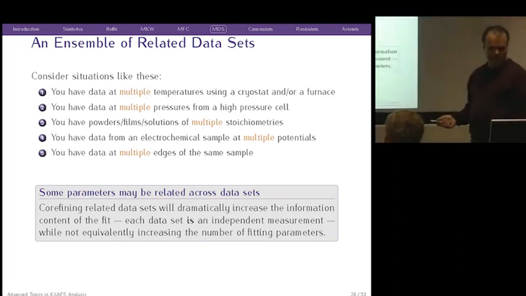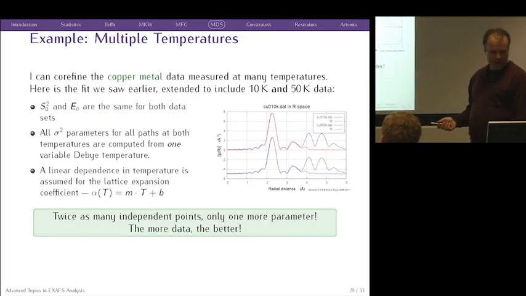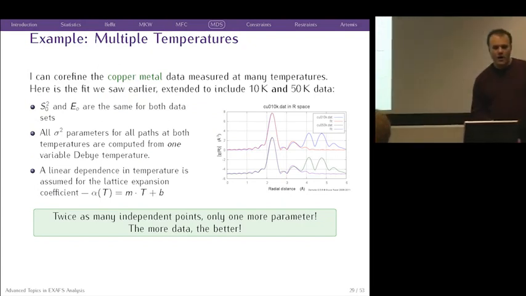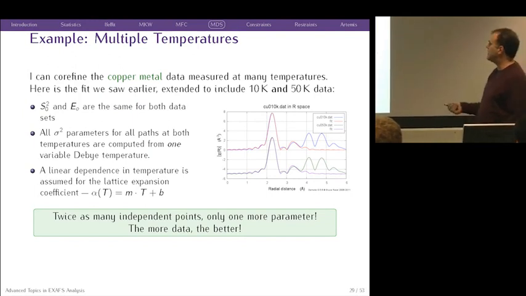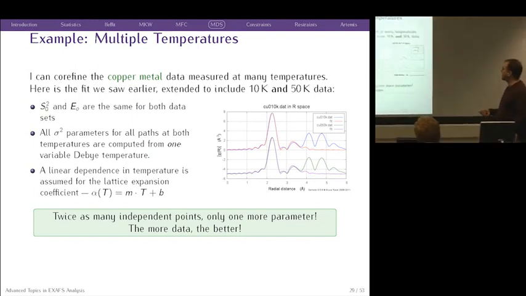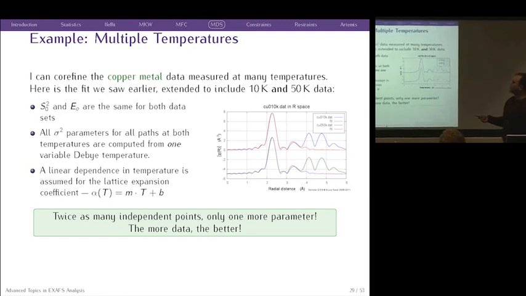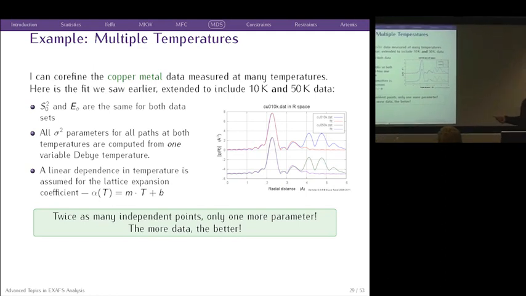And that's pretty simple. So earlier in the talk, I showed you the top part of this, which was that obviously good fit copper metal, which was just evaluated with a sigma squared and E naught, lattice expansion coefficient, and a sigma squared determined from the Debye temperature.